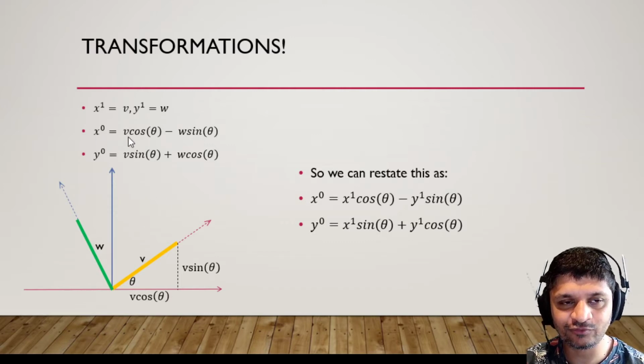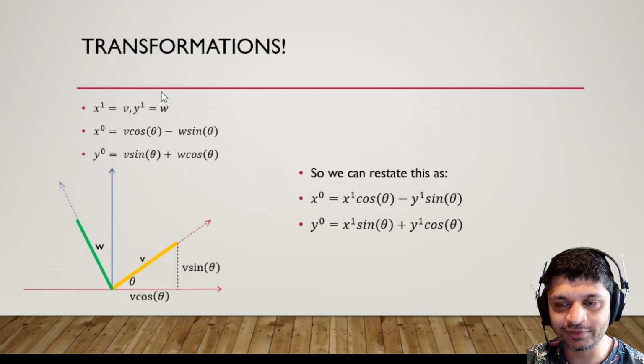And y0 will be v sine theta plus w cos theta, because we moved v sine theta due to the v movement and another w cos theta due to the w movement in y1.